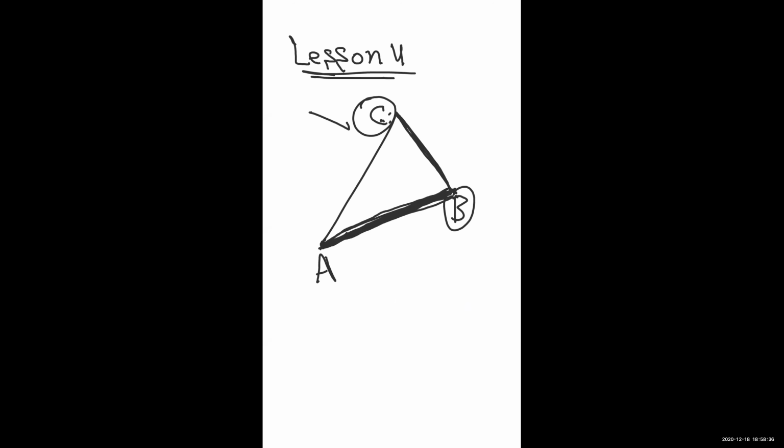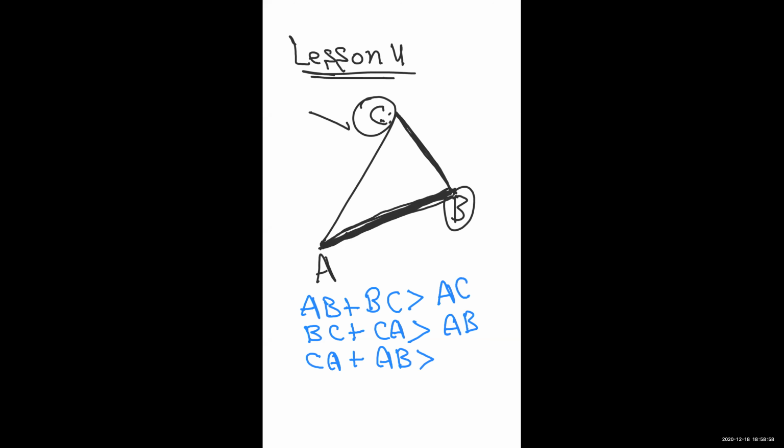We said that AB plus BC is greater than AC, and also BC plus CA is greater than AB, and also CA plus AB is greater than CB. Are we clear till now?